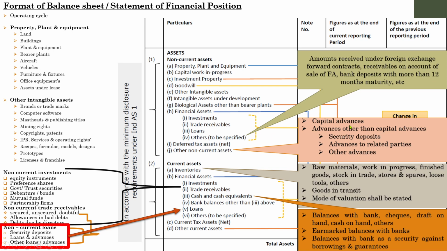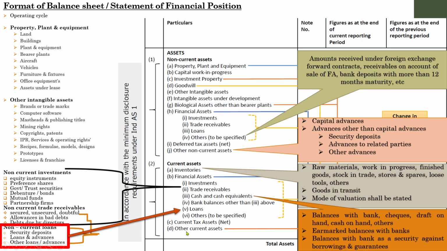All those advances other than capital advances will be shown under the head others. Advances other than capital advances, such as security deposits, advances to related parties, and other advances, if the period of those advances is less than 12 months, should be shown under the head others, under financial assets in the current assets category.